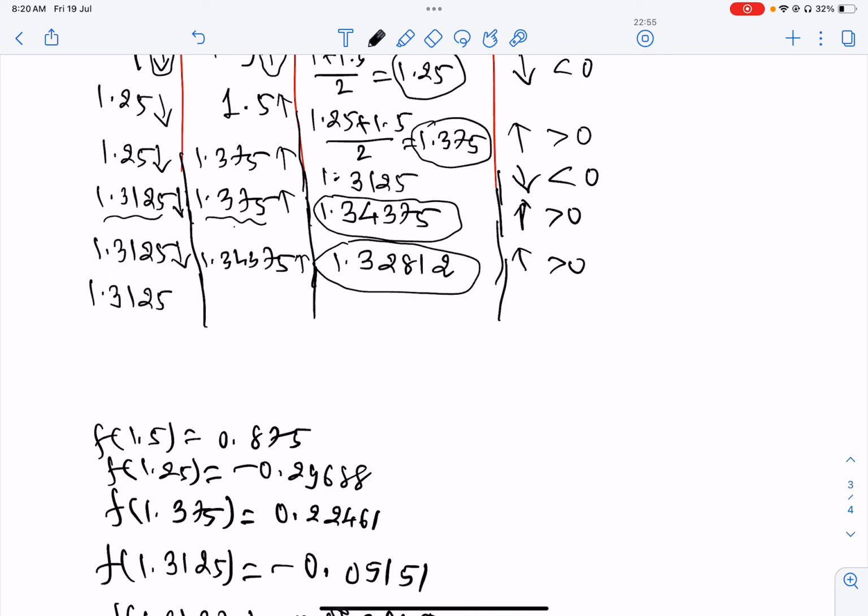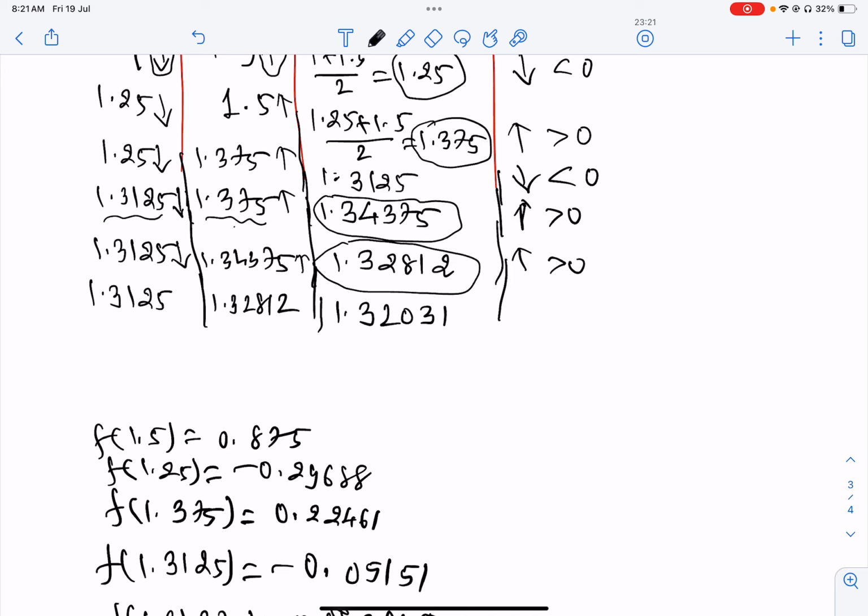1.3125 and 1.32812. So find the midpoint of these two, 1.3125 and 1.32812. You will get 1.32031.